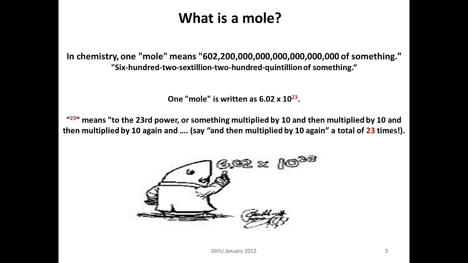To the 23rd means to the 23rd power, or something multiplied by 10, and then multiplied by 10, and then multiplied by 10 again, a total of 23 times.